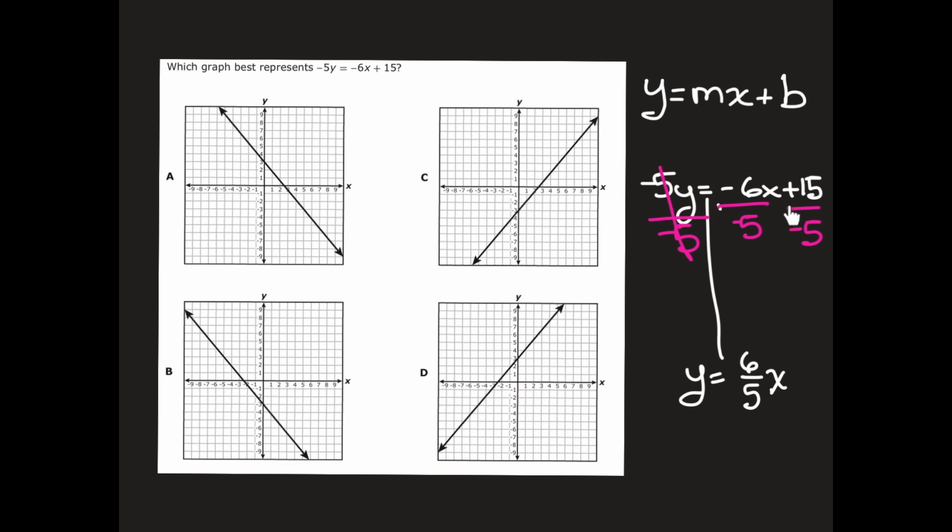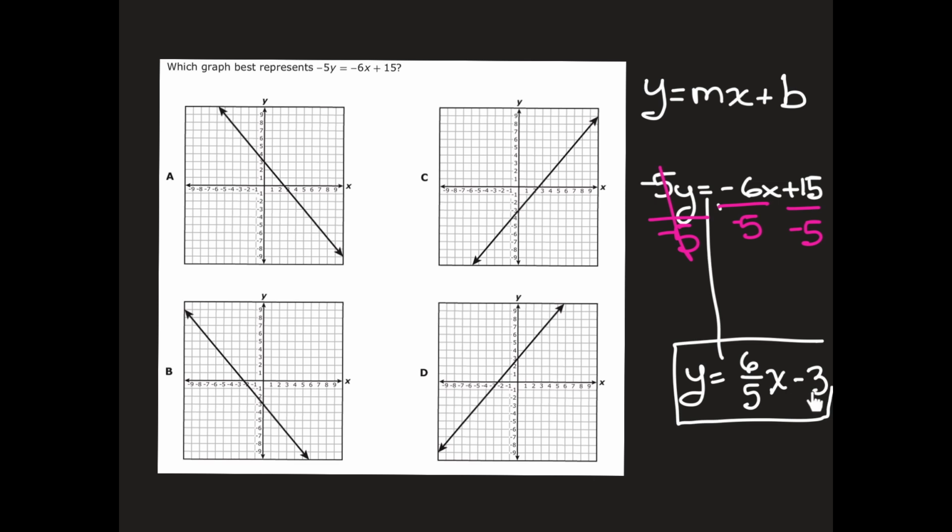Then a positive 15 divided by a negative 5 gives us negative 3. So our new equation is y equals 6 over 5x minus 3.